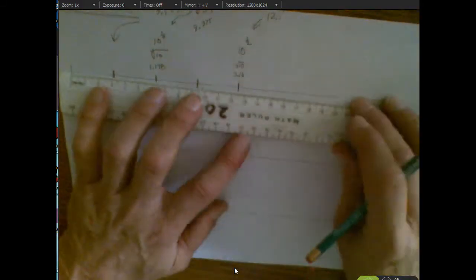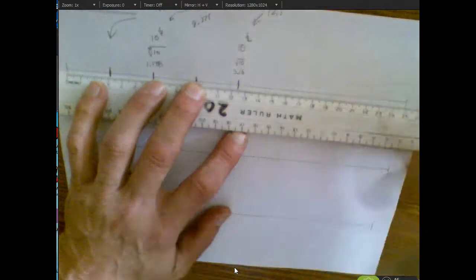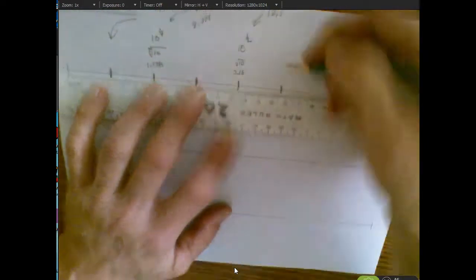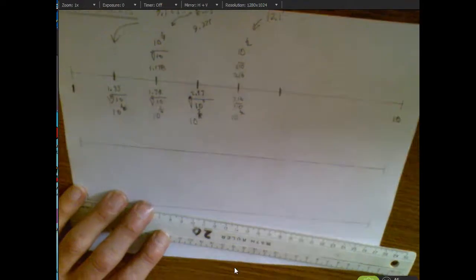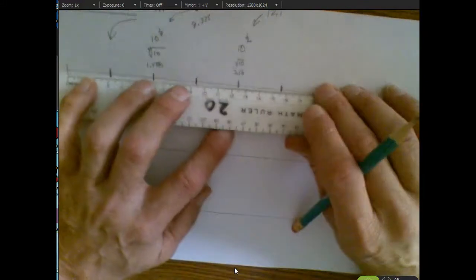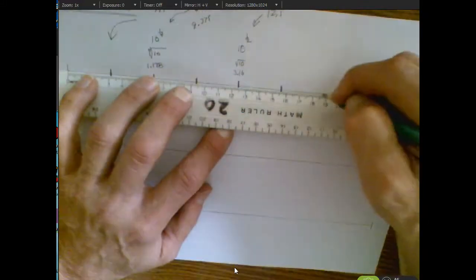So measure 15.625. Okay, that's the 5/8 mark. And the 3/4 mark would be 75% of 25 centimeters. That's 18.75. Let's mark that one up. 18.75.